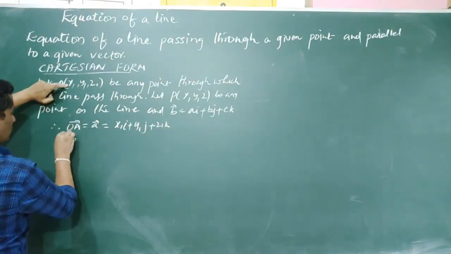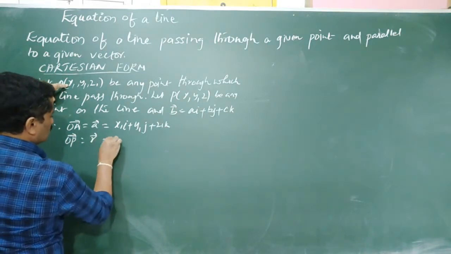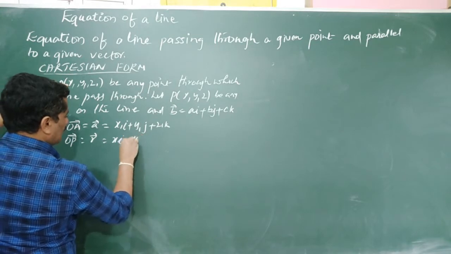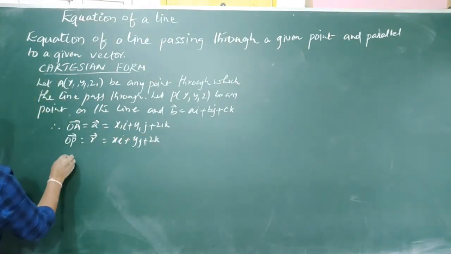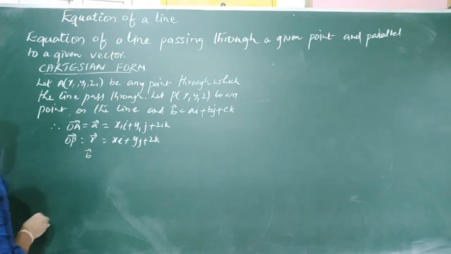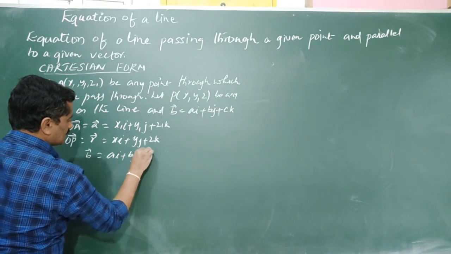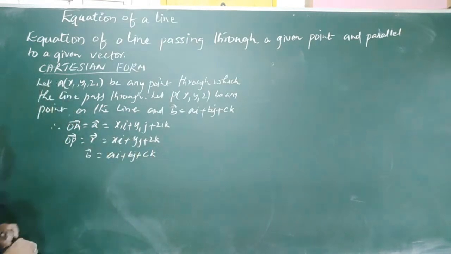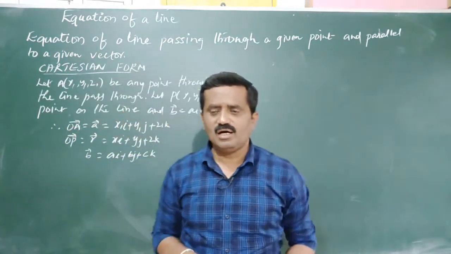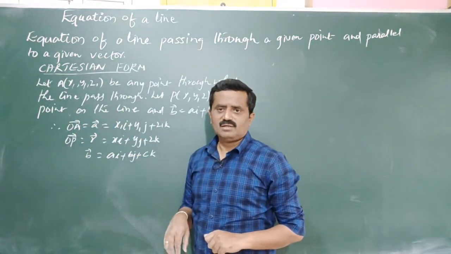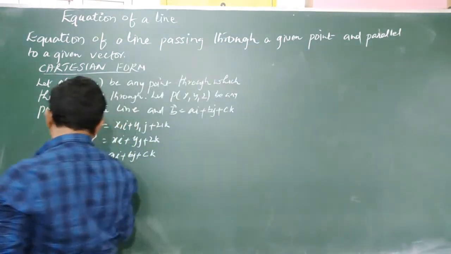Again OP bar is r bar, which is equal to xi plus yj plus zk. Then we have b bar equal to ai plus bj plus ck. So now we have the vector equation of a line passing through a point and parallel to a given vector.